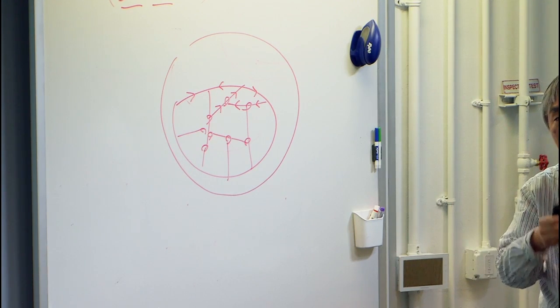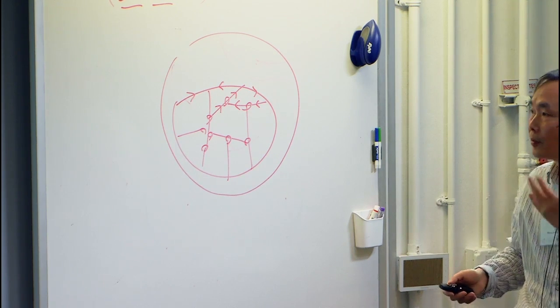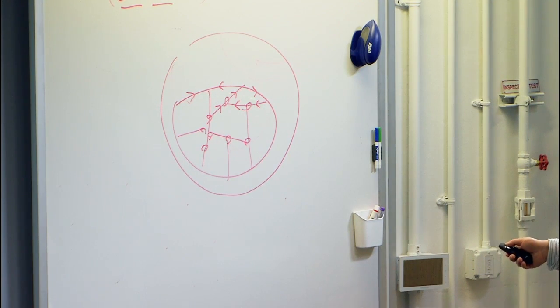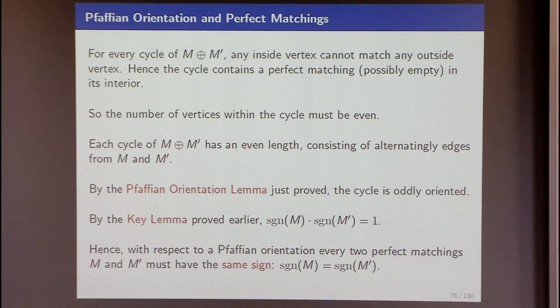So the number of vertices inside must be even. So the number of clockwise oriented edges must be odd. So therefore, it's not an even oriented cycle. That definition, the even number of oriented clockwise edges. So therefore, the sign is going to be 1. They're all the same. Okay.